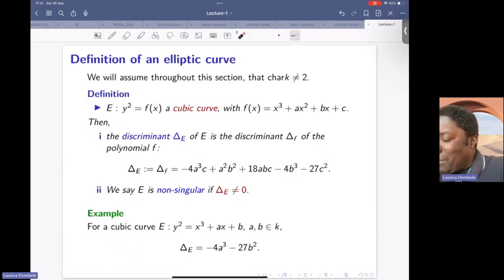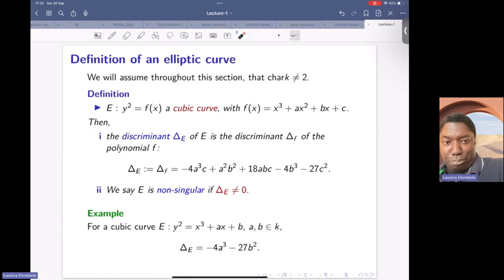So for me, an elliptic curve would be a curve which is given by a cubic. So I want E to be given by y squared is equal to f of x, where f is a cubic. I'm sorry. So for me, a cubic curve is a curve which is given by an equation like this.